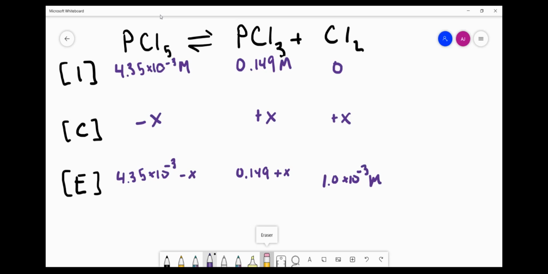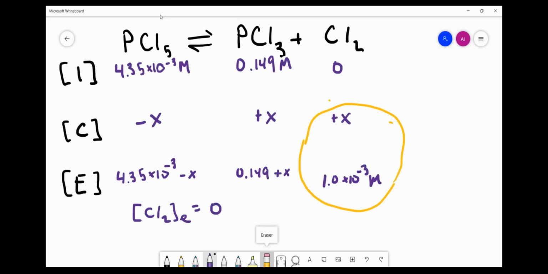What we want to do now is solve for X, and we can do that using my chlorine gas information. The equilibrium concentration of chlorine gas is equal to the initial concentration, 0, plus the change, which is X, and that's the value that we know, which is going to be 1.0 times 10 to the negative 3 moles per liter.